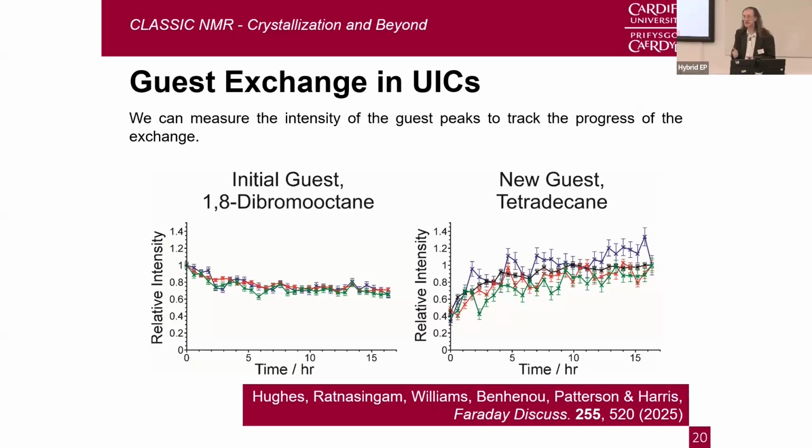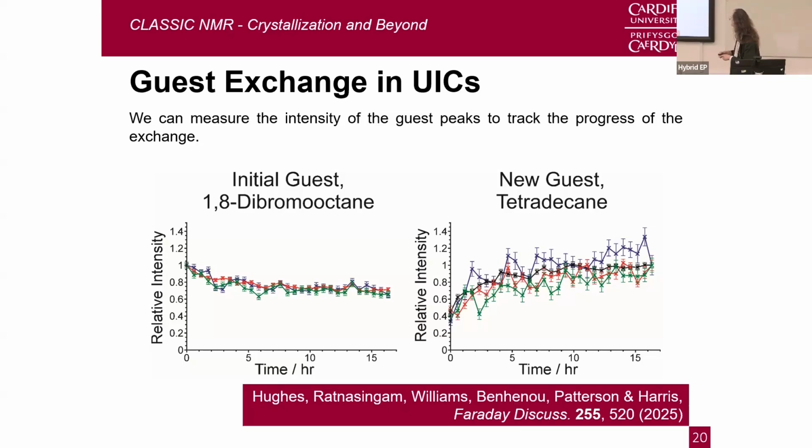It takes a few minutes to get from the lab to the spectrometer, and by the time we got there, we'd already seen quite a bit of exchange starting to occur. So although I'm showing it as time 0 there, that's really about 10 minutes into the process, and obviously quite a lot has changed. Nevertheless, we can still see growth of the inclusion of the new guest, and we can see a drop away of the initial guest.